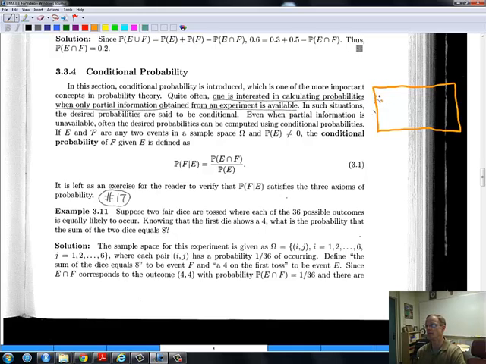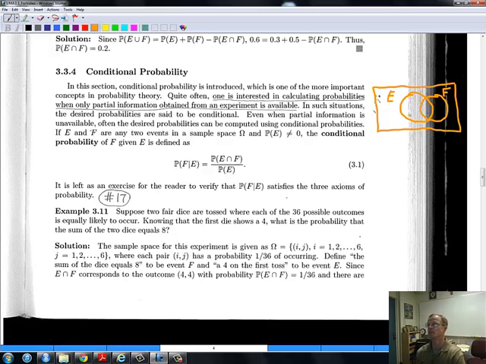Okay, so again, we're going to be here, and let's just put in two circles. We'll put in E and F. Now if I want to know what is the probability of F given E, what it means is event E is known to have occurred.